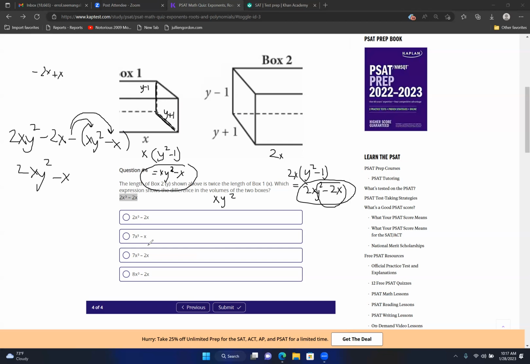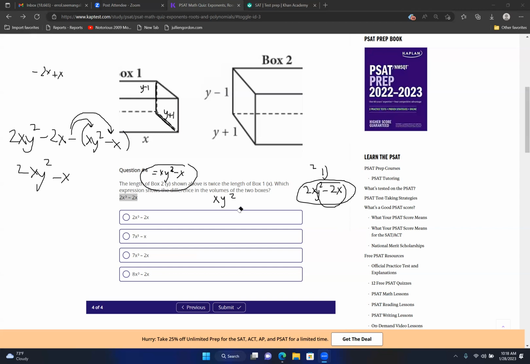Negative 2x plus x. No, we don't have that one. What did we do wrong there? There are no y's in the answers, right?